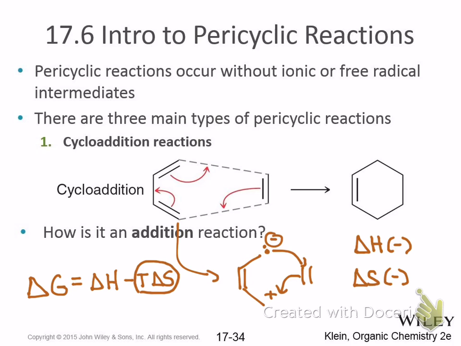So let's say temperature was 0. This is the way I like to think in terms of extremes, okay? If temperature was 0, then delta G would have to be negative, right? So that means at low temperatures, this reaction is spontaneous.